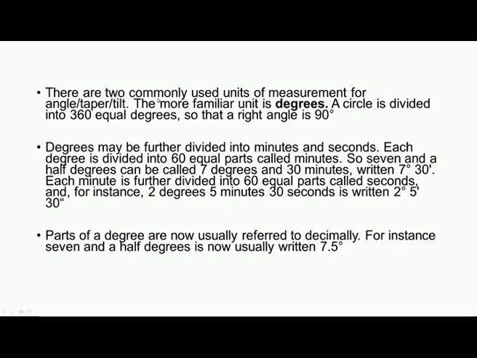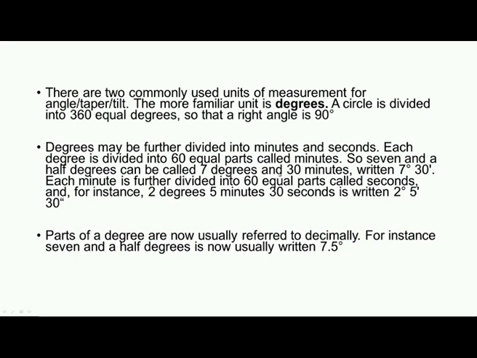That means there are two commonly used units of measurement for angle or taper or tilt. The more familiar unit is degrees. A circle is divided into 360 equal degrees, so that a right angle is 90 degrees. Degrees may further be divided into minutes and seconds. Each degree is divided into 60 equal parts. Each part is called a minute.